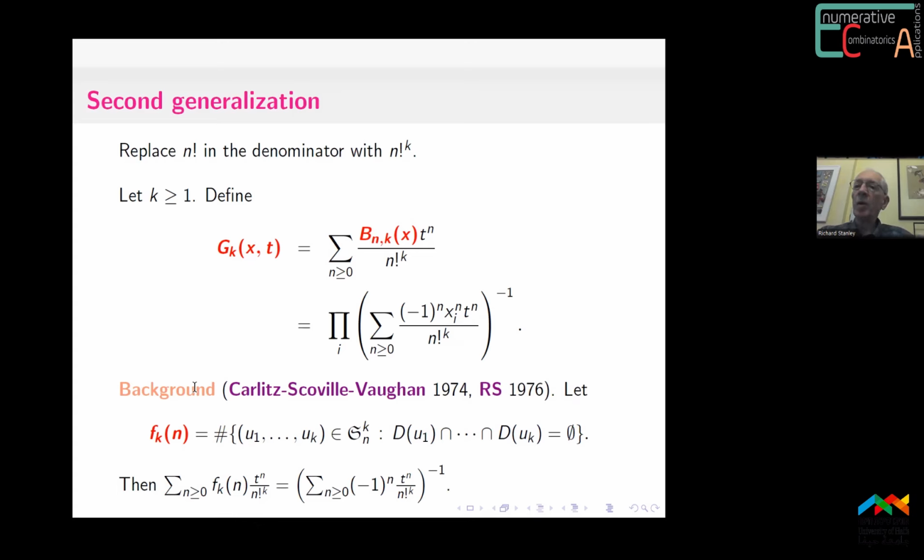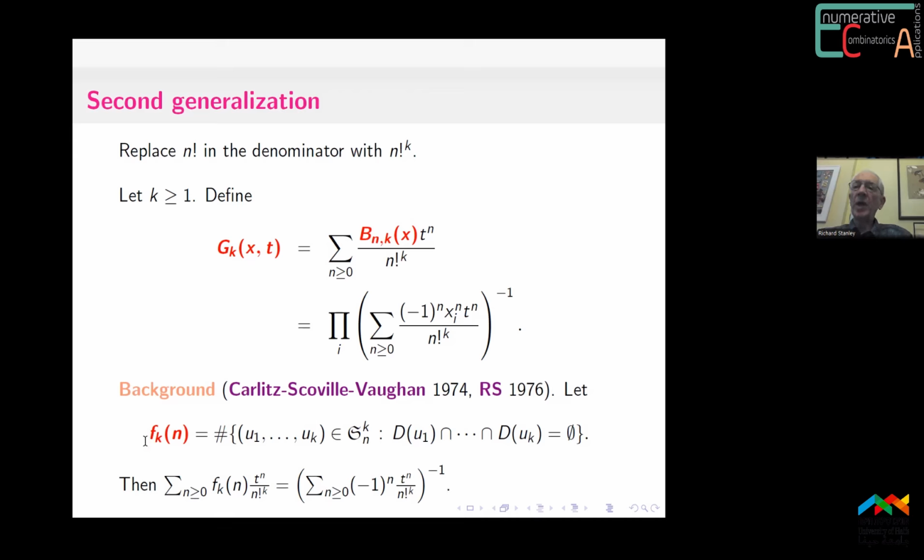So what is the background for this? That is, if you forget about the x_i to the n, what does the inverse of this expression in parentheses count? This is a theorem due to Carlitz, Scoville, and Vaughan in 1974, and I also found some q-analogs in 1976.